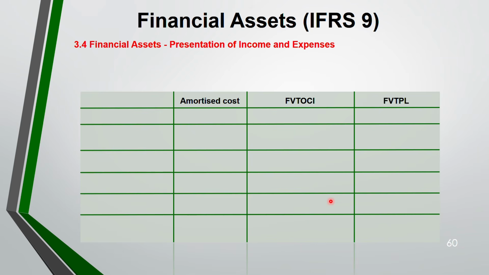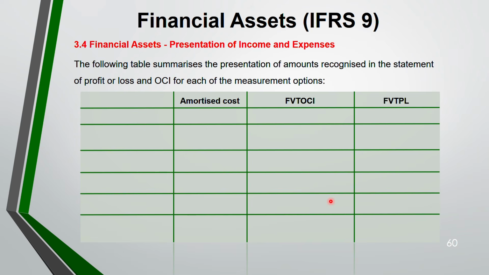Now, for financial assets using these three methods, how you present your income and expense matters a lot. If it's a debt investment, remember for debt, whatever you're receiving is your interest income. Then remeasurement to fair value. So your interest income, if it's amortized cost, that means you're keeping your debt till the end. You will write your interest income under investing category in your profit and loss.